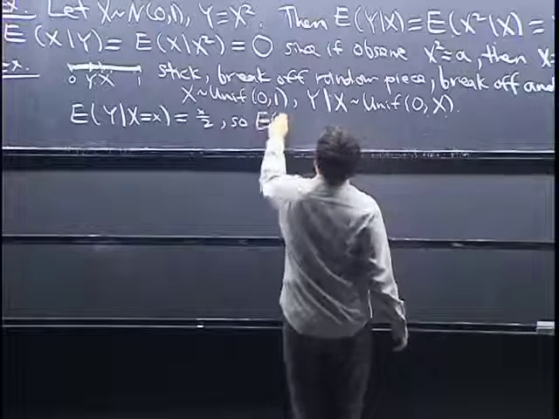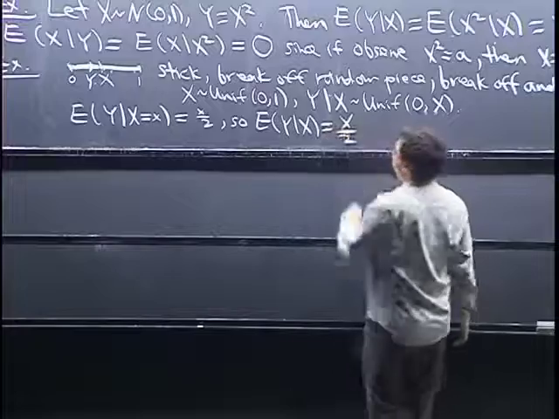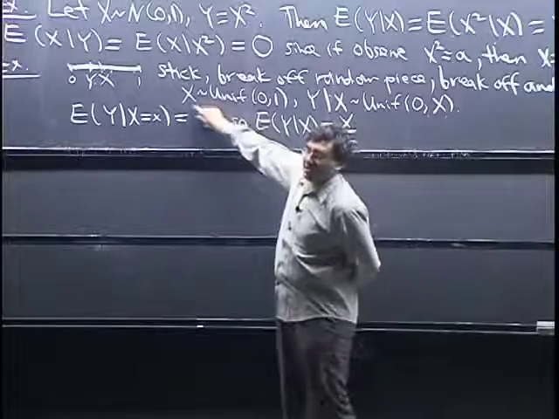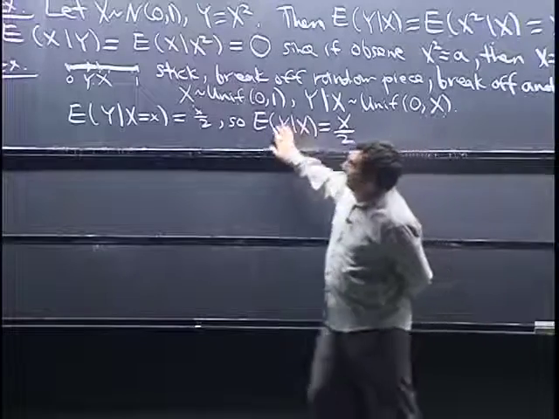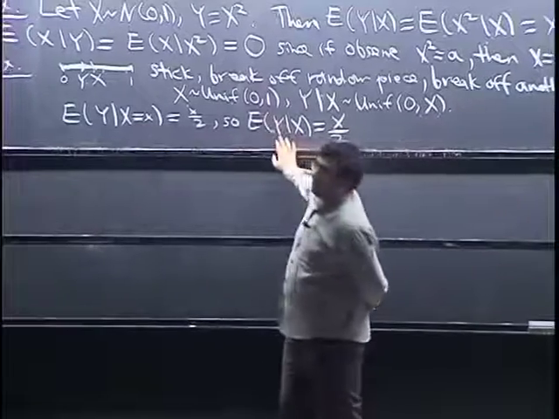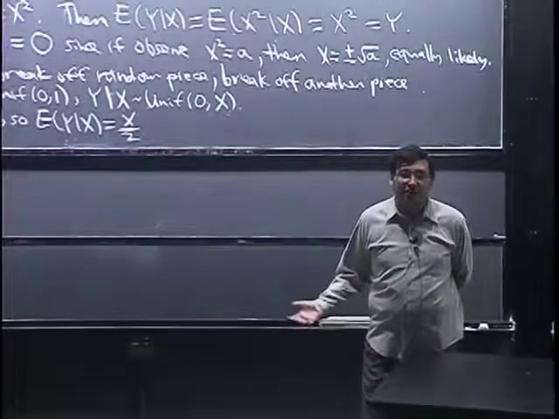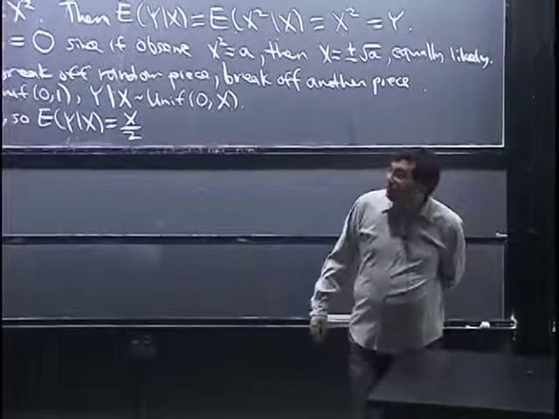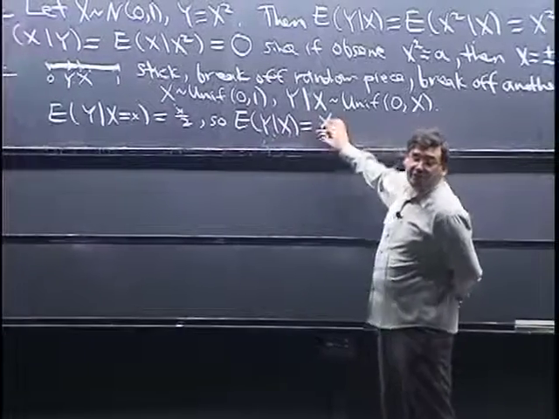And so E of Y given capital X is capital X over 2, because we just changed lowercase x to big X. And as I said, you can just think of this as shorthand for this. It's easier to write this and work with it once you understand what it means, but it's not essentially a different concept. Okay, so that's a random variable, right? E of Y given X is a random variable, and it's a function of capital X.